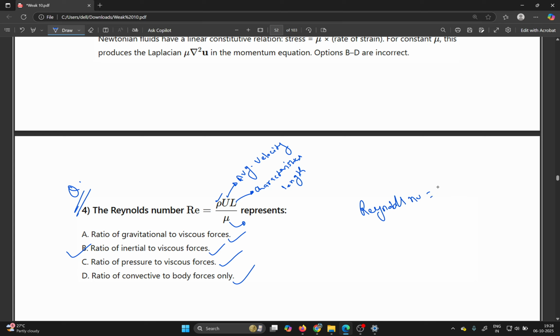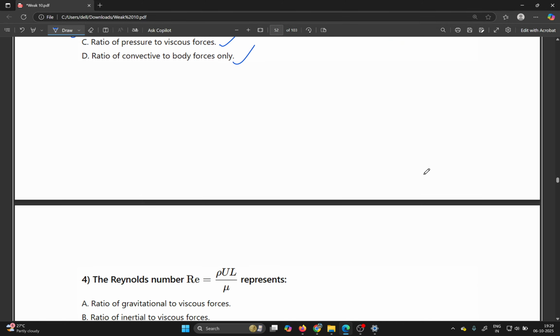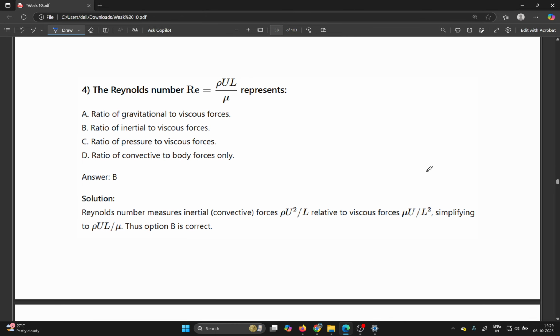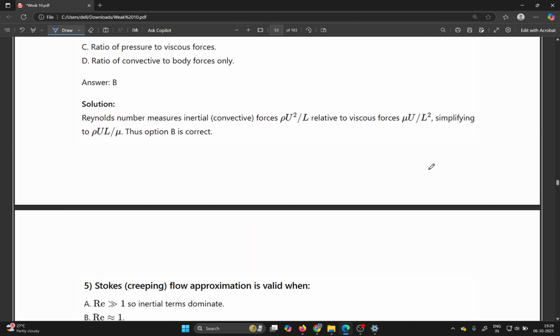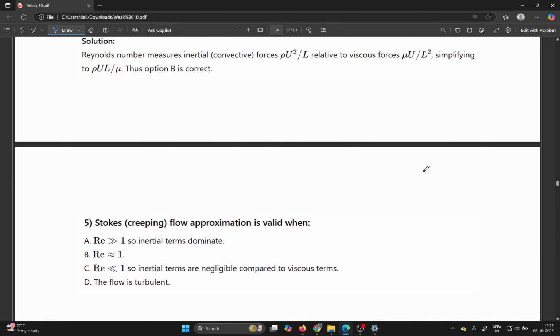Reynolds number is nothing but inertia force divided by viscous force. So remember, please. Now let us move on to the next question.